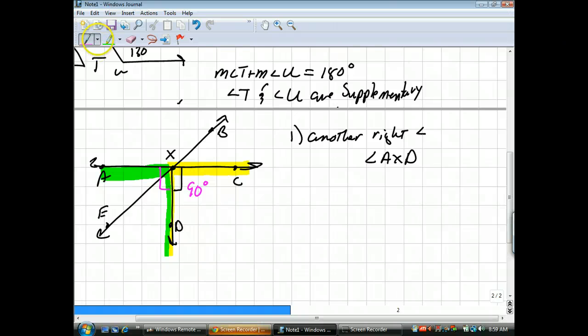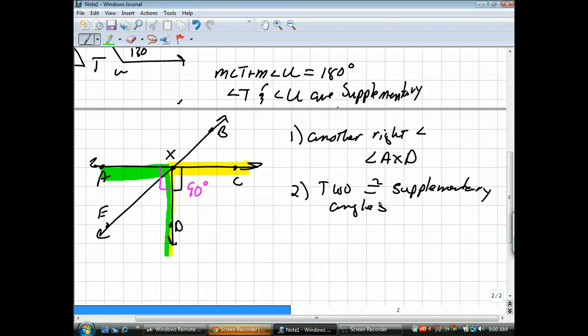So what would two congruent supplementary angles be?